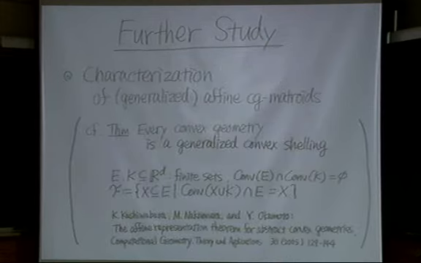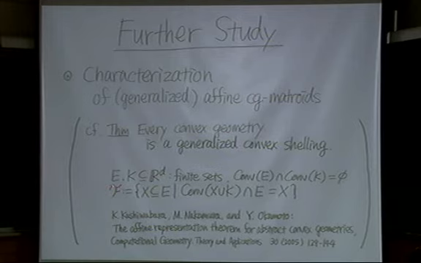And one more problem is that I want to characterize some affine CG matroids, something like linear matroids. A theorem for convex geometries is known, that every convex geometry is indeed a generalized convex shelling. So convex geometry can be represented in R^d with finitely many points.